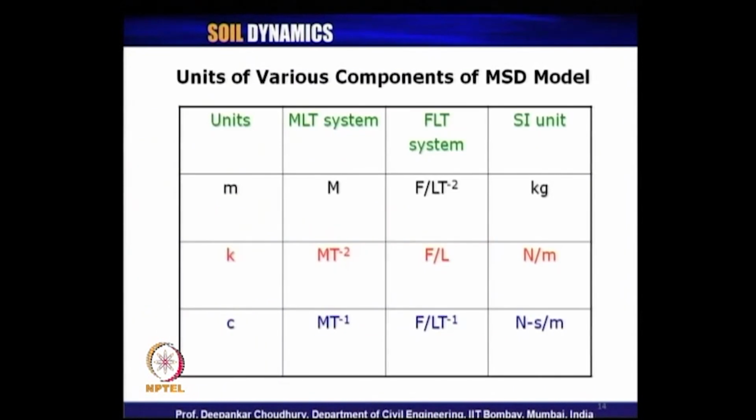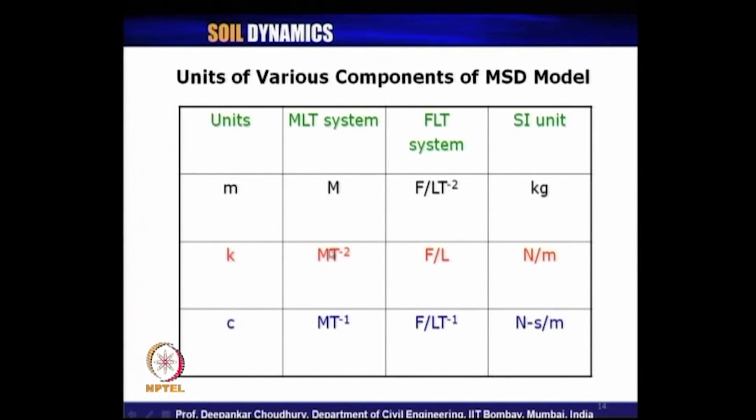Now, let us discuss the various units of these components for our basic mass spring dashpot model. If we take the unit for mass, stiffness and damper in different systems, that is the MLT system, mass length time system, the FLT system, force length time system, and in SI units, then the unit of mass in the MLT system is of course the mass M itself.